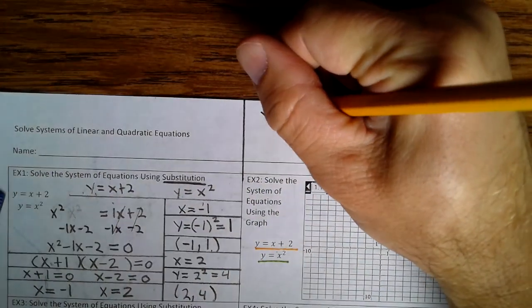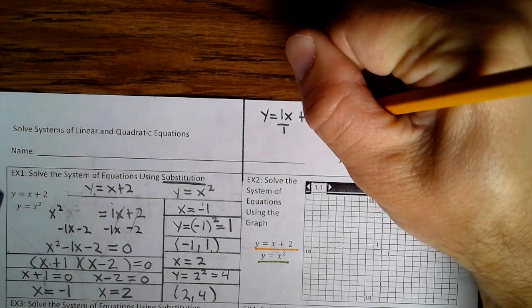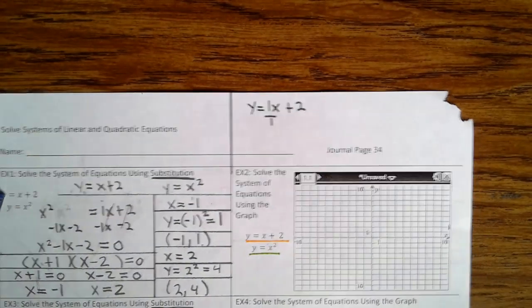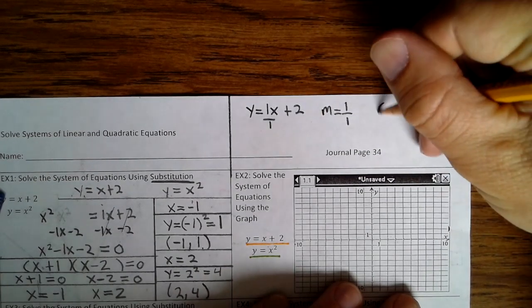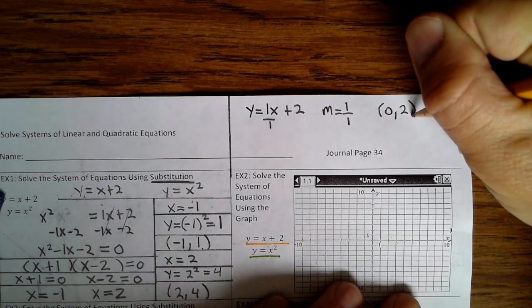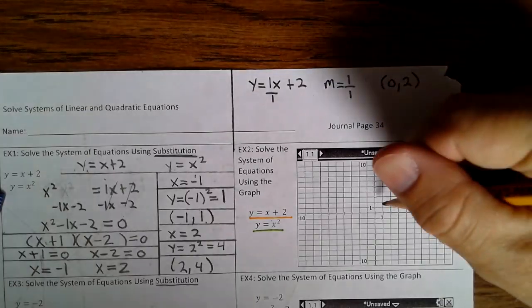So that's y equals 1x divided by 1 plus 2. So we know our slope is 1 divided by 1, and our y-intercept is 0, comma 2. So we have a point 0, 2.